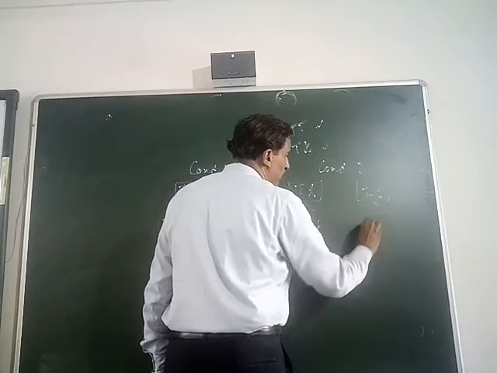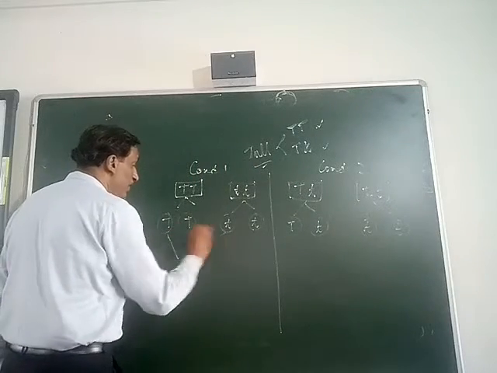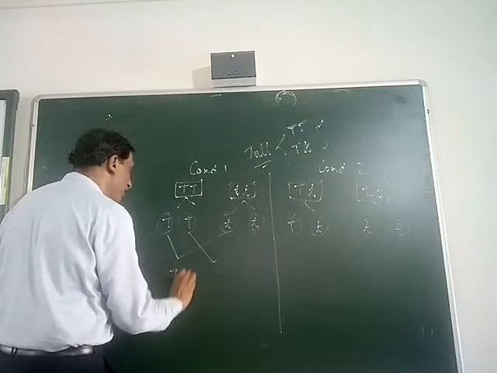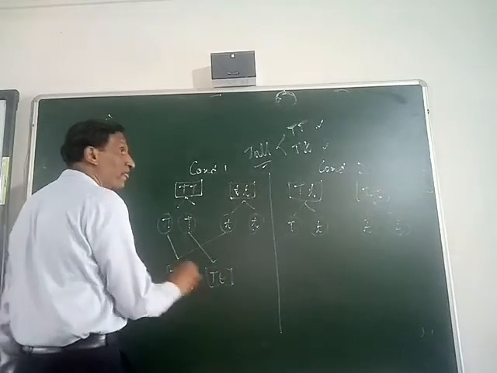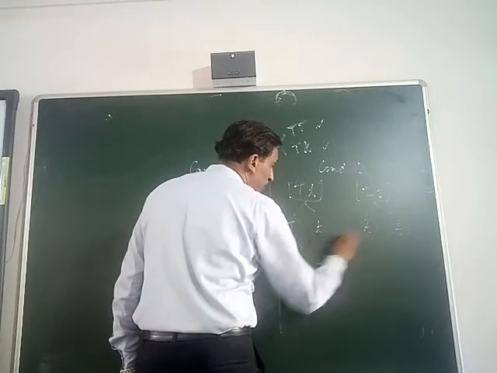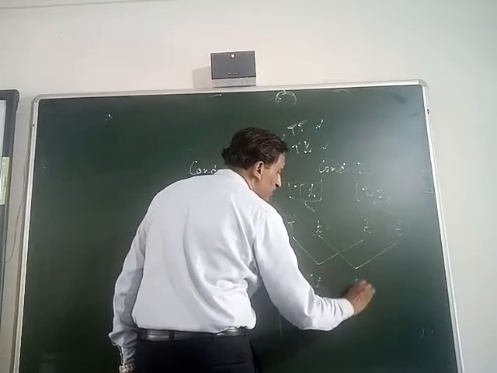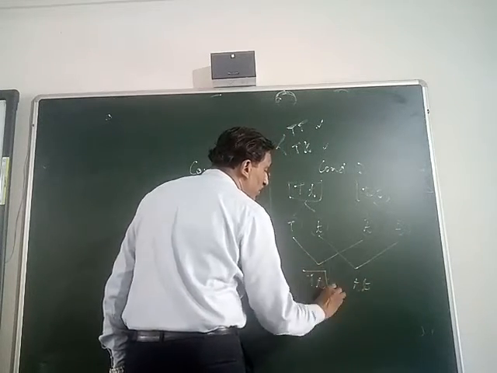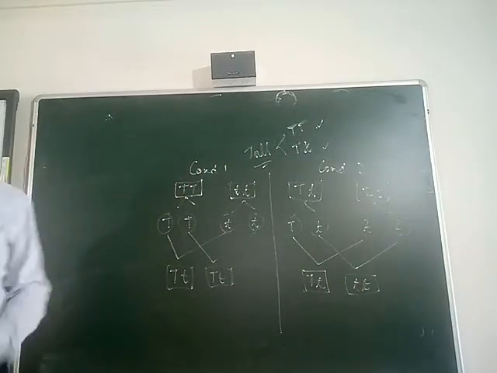And it will always be small t and small t. Their children will always be tall, only one type, and the children of this can be of two types, capital T, small t and small t. 50% will be tall and 50% will be recessive.